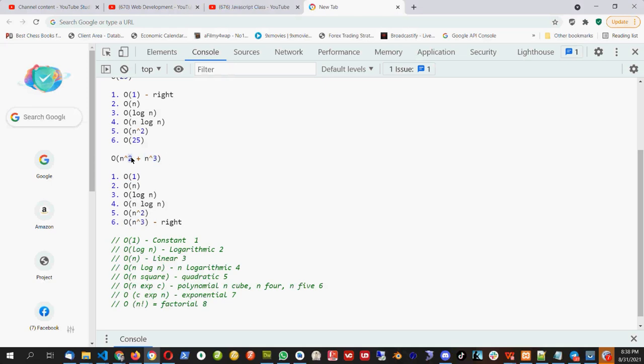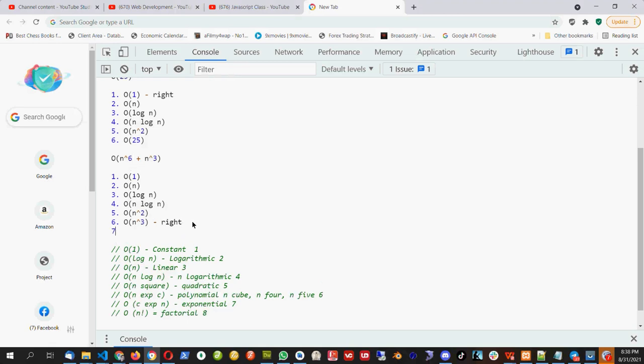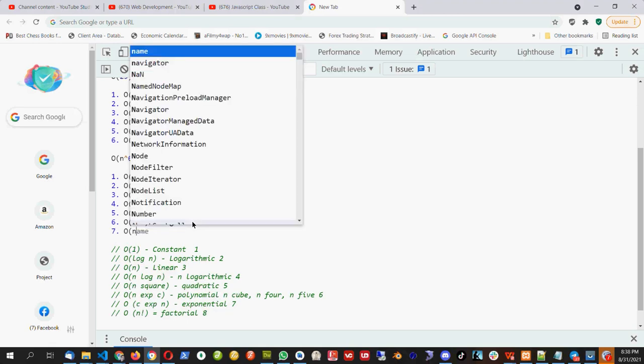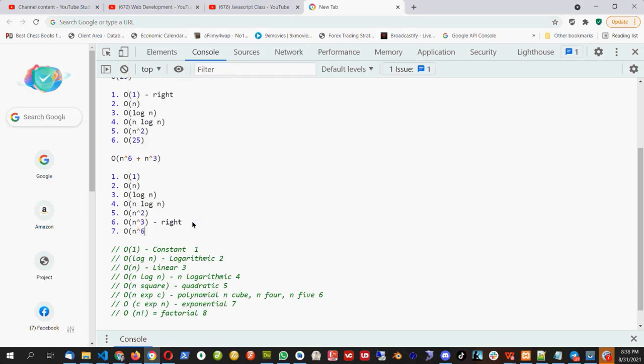If I would change this from 2 to 6, then the right answer will be O of n raised to 6, because out of these two, the sixth power is more complex. But since we have 2 here, the right answer will be n cube, and we have to ignore n square.